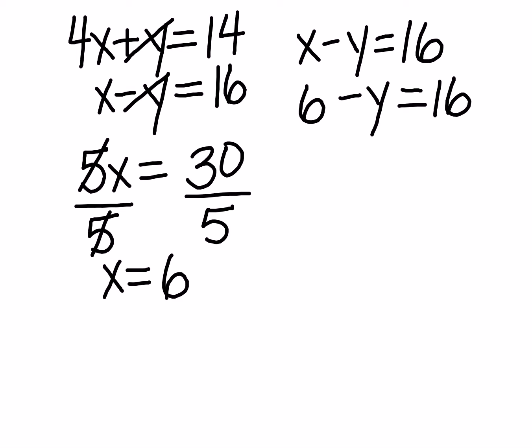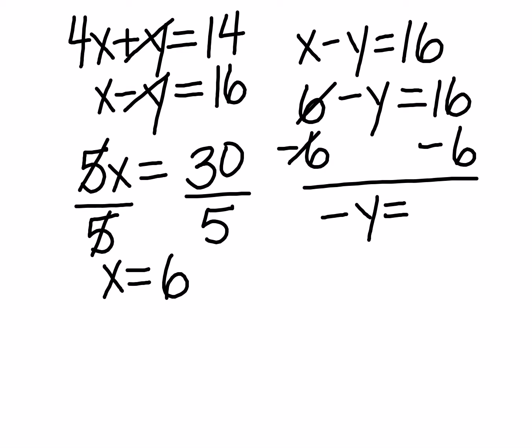The opposite of plus 6 is minus 6. What I do to the left, I have to also do to the right side. 6 minus 6 gives me 0 because they are opposites. So I'm left with negative y equals 10. Right here, you can skip a step and just reverse the signs. What I mean by that is the minus sign becomes plus and the understood positive becomes negative.